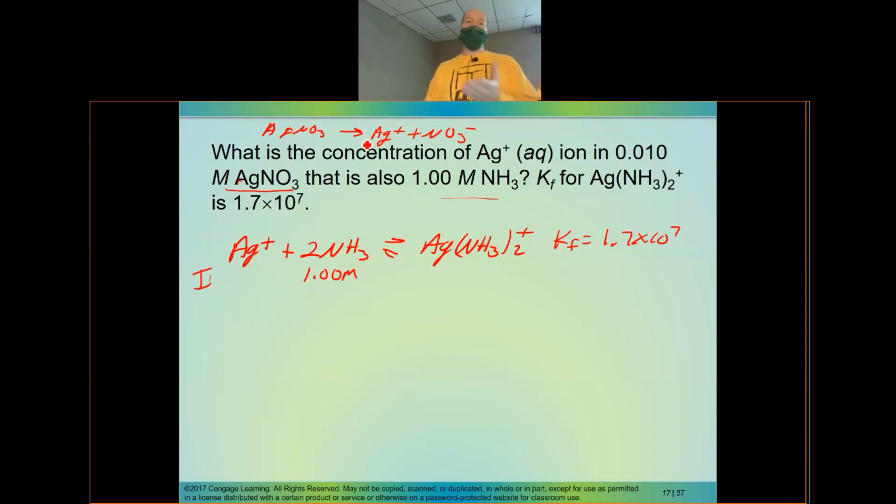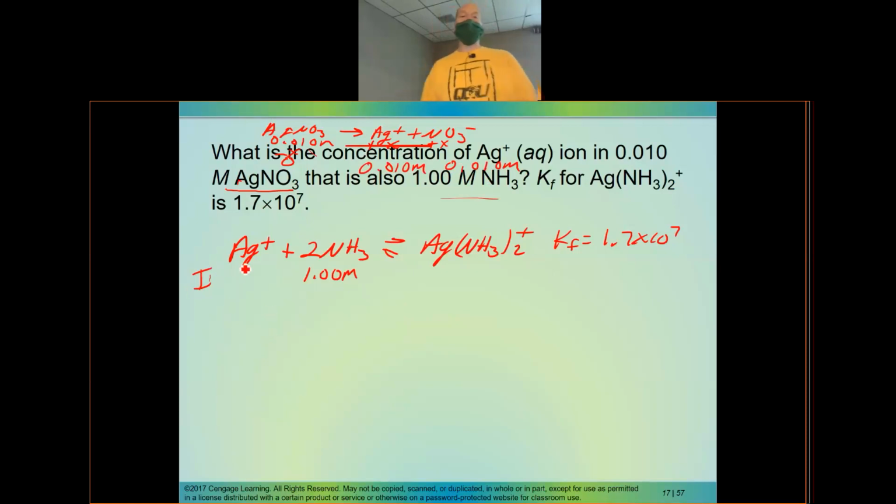Again, that all nitrates are soluble. And so you have your 0.010 molar. All right, and we know that its final concentration is 0. It completely goes to the right. And so you get your minus x, you get your plus x, you get your plus x. And so you see that your Ag plus is 0.010 molar, your NO3 minus is 0.010 molar.